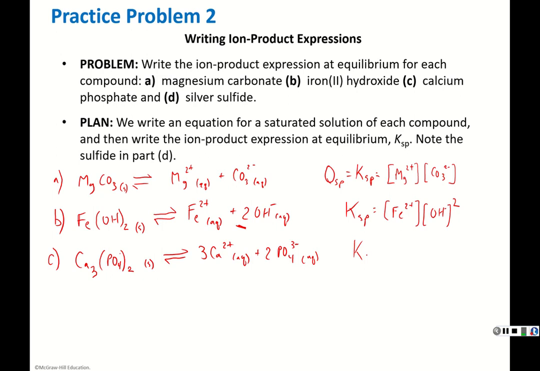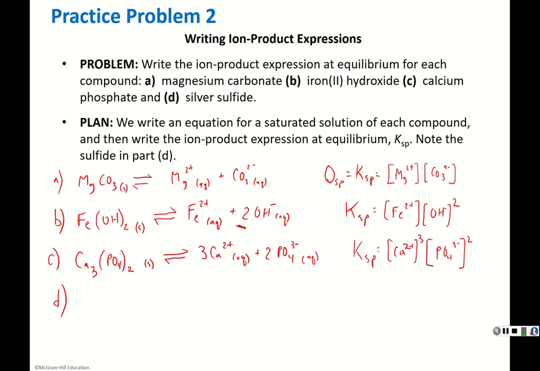So now our KSP would be calcium 2+ to the 3rd power times PO4 3- phosphate to the 2nd power. Okay, and that is about as challenging as this type of problem could get. Just remembering to keep those charges in there.